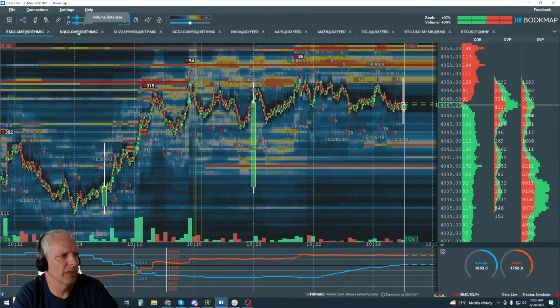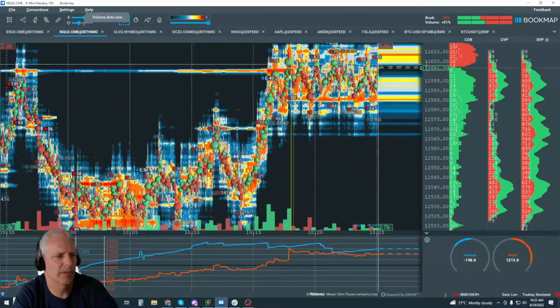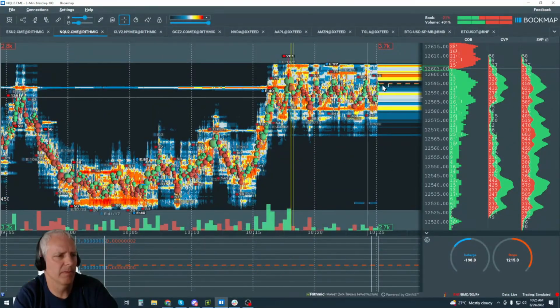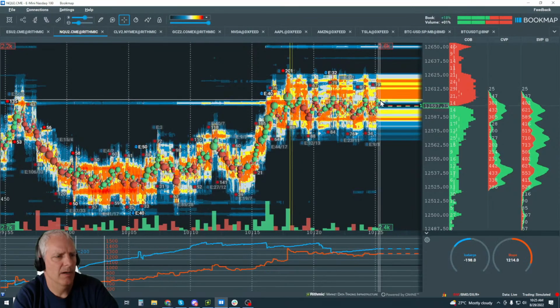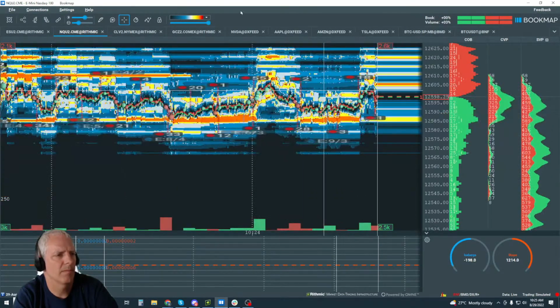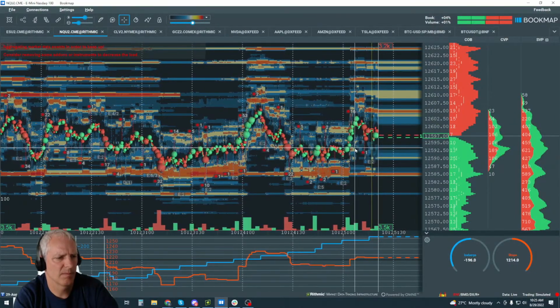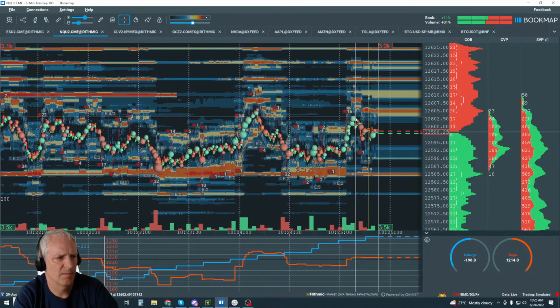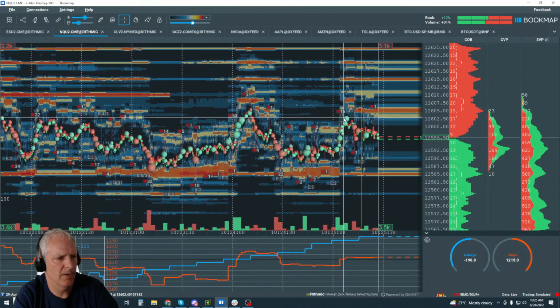Let's jump over. We can look at the NASDAQ. How's the NASDAQ doing? Okay, it's going for it again. Okay, it made a lower high here.